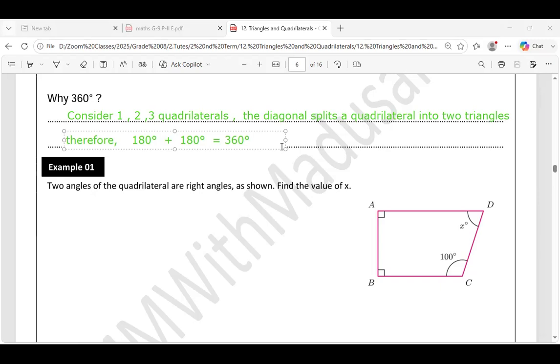It will give the total as 360. So you have to do the same thing for example number 1 as well.